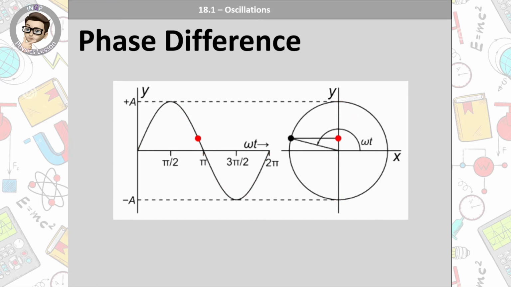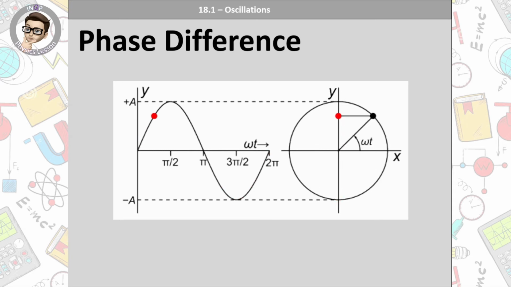And what we've then got is an angle, omega t, which is relating to where in that single cycle of the wave you are reaching. So at 2 pi on the simple harmonic motion graph, we have in fact oscillated all the way around the circle on our circular motion graph. And this is why we can put 2 pi on the simple harmonic motion graph, because those two things are related.